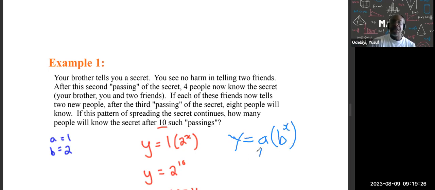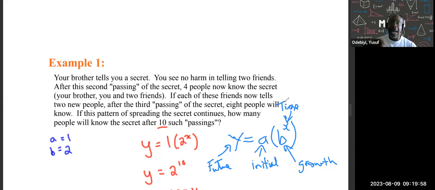We said that this is the initial, this is the future, this is the growth rate, and this is time. It may not always be time. It could be, in this case, I'm going to say passing the secret, but it's not always time. But in this case, we'll say it's passing the secret.